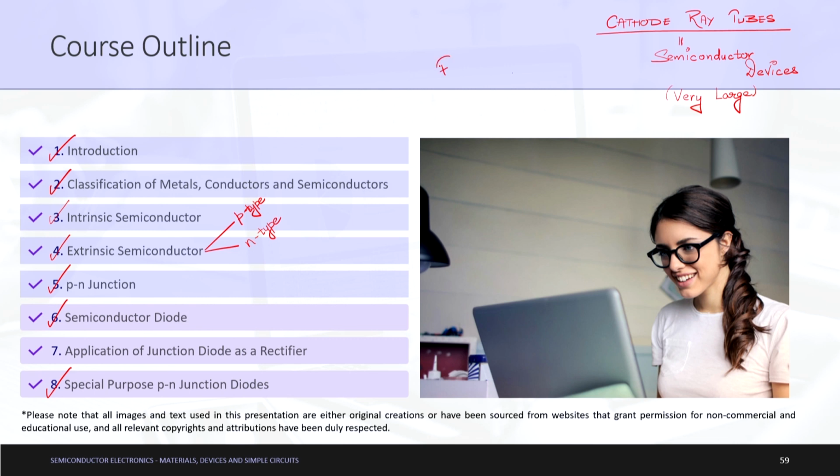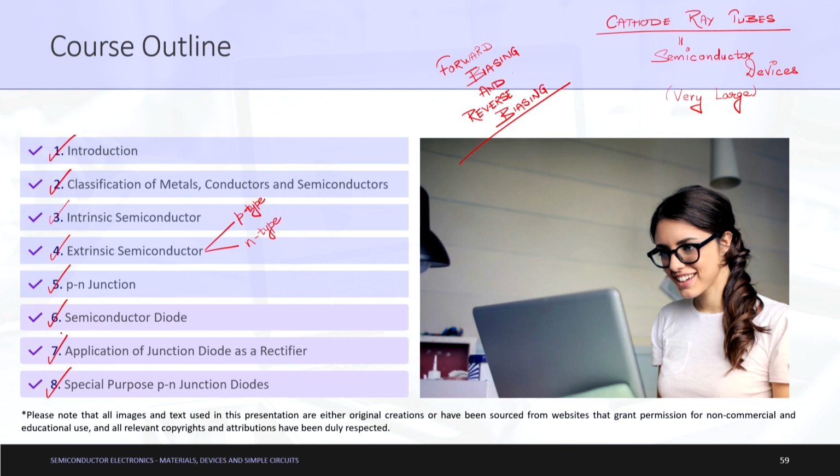So, these all concepts were dealt with there. Then we also understood what the VI characteristics of forward and reverse biasing are.